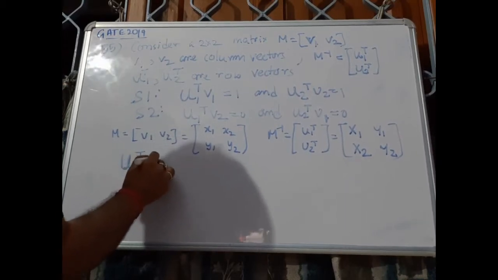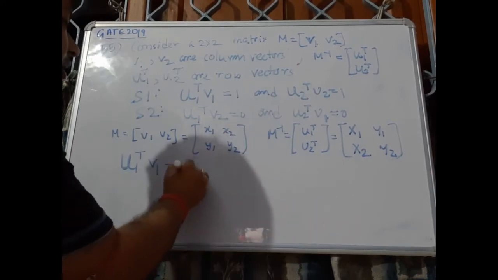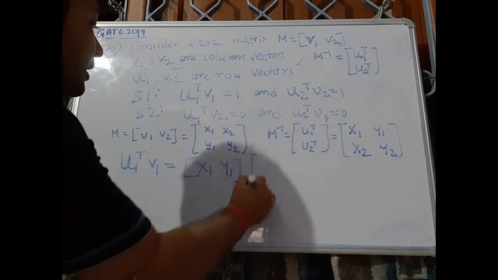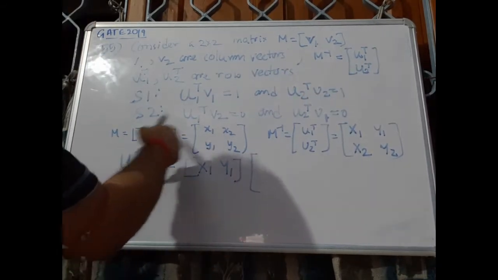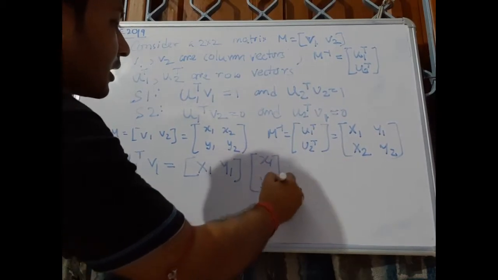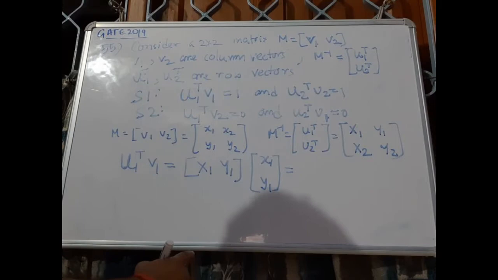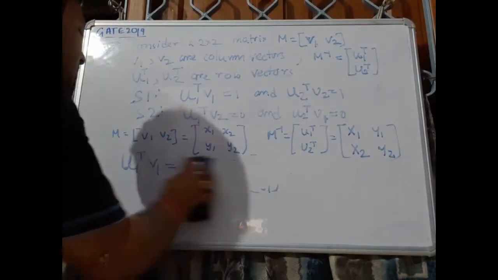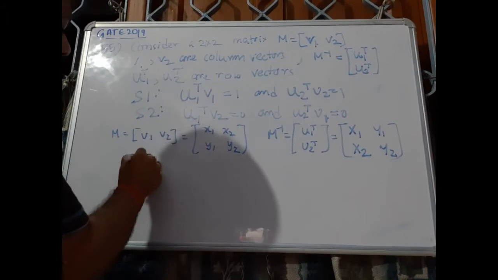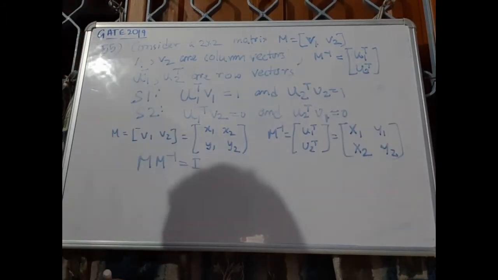Now if I take U1 transpose V1, what we have, U1 transpose means capital x1 y1, into V1 means small x1 y1. First do this thing. Now we all know that M times M inverse is equal to the identity matrix.